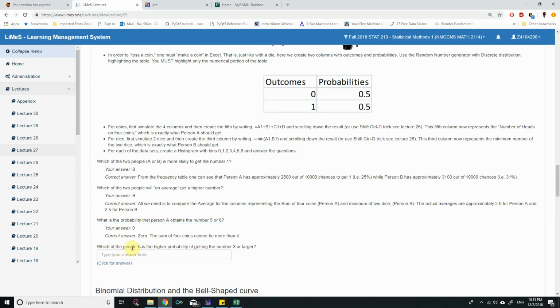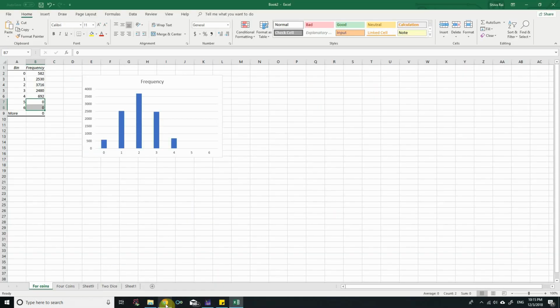Which of the following people have the higher probability of getting number 3 or larger? Number 3 or larger. Okay, so for person A, it's 2480 plus 692, so that is the sum of these two, 2480 plus 692 divided by 10,000, so that's 0.3172.